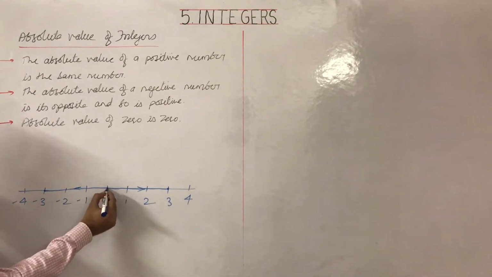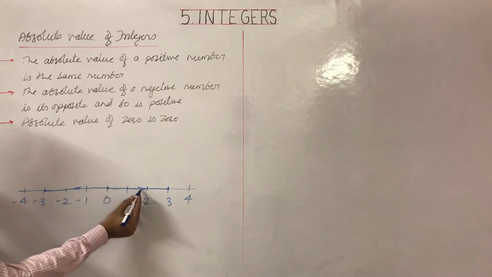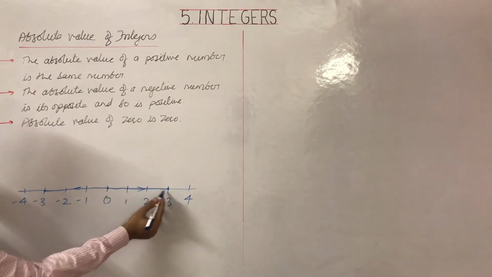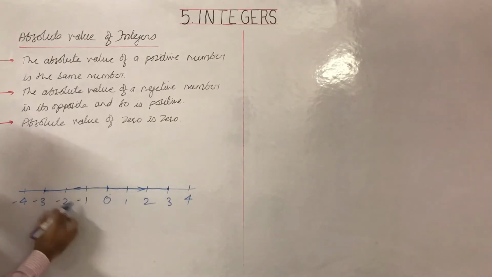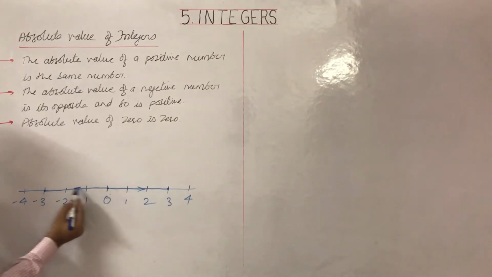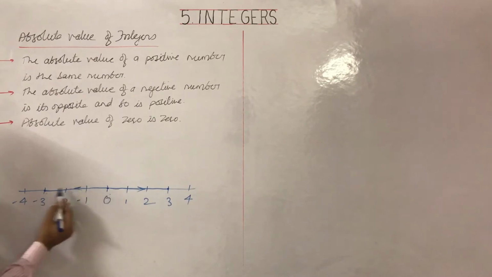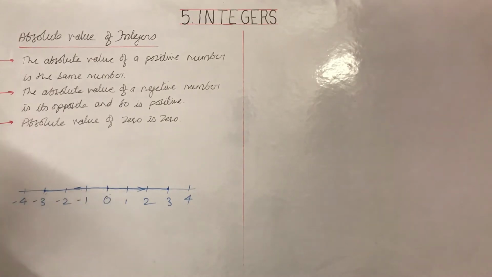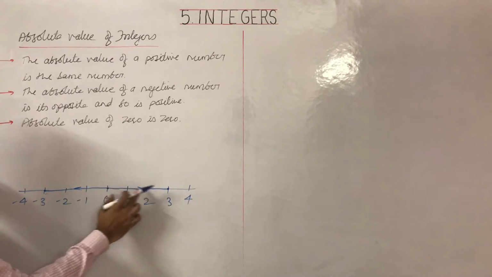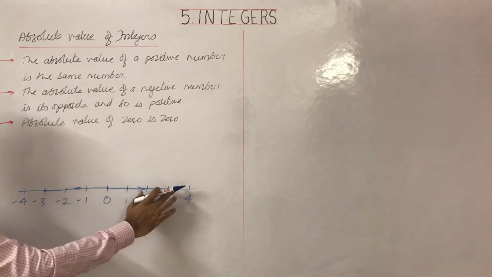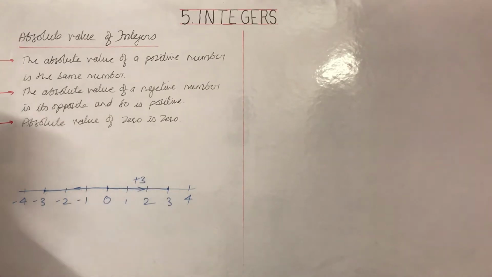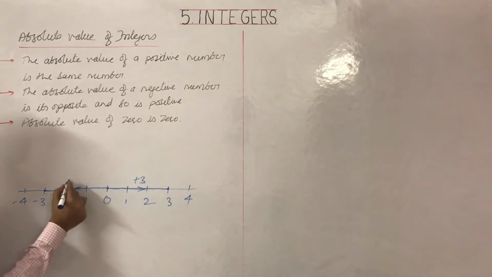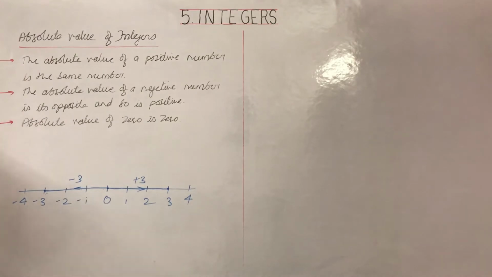So here from 0, this is the direction and this is the magnitude, the distance traveled or covered. In this case, this is the direction and this is the distance traveled or covered. Now, if my aim is to decide how much I have covered and in which direction, then plus 3 will be the answer, or in the second case minus 3 will be the answer.